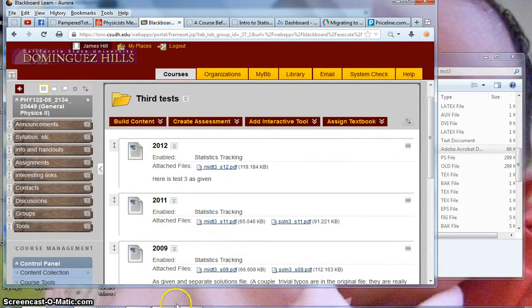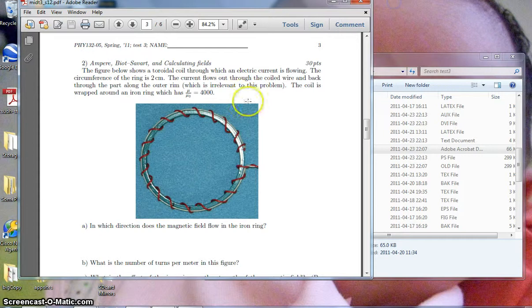Last year's test, which is also there, has an interesting problem which actually can be solved with Ampere's law about what's called a toroidal coil. I don't have a solution for this one up there.